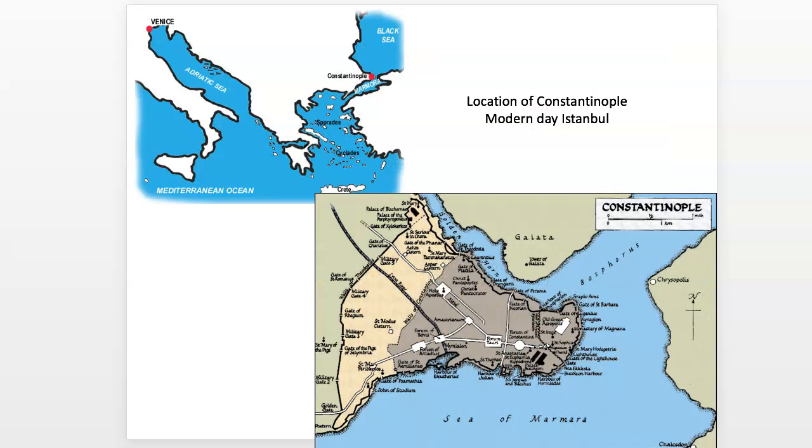Another thing that he was infamous for was he moved the capital from Rome all the way over to Constantinople, which is modern day Istanbul in Turkey. There's a song about this. Istanbul, Constantinople, Istanbul. I won't make you listen to me any longer about it, but nonetheless, that's something else he's famous for.